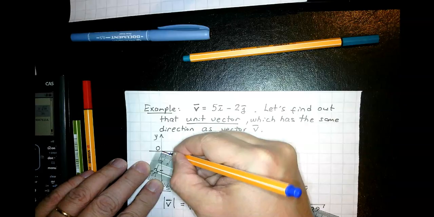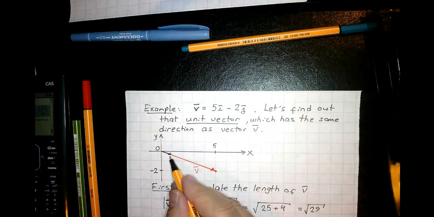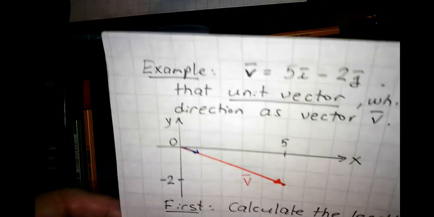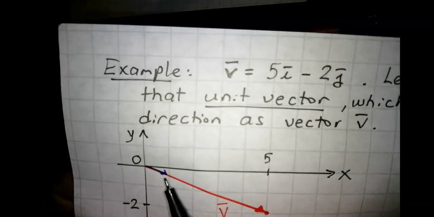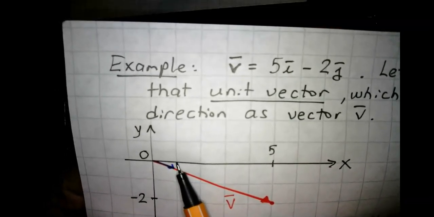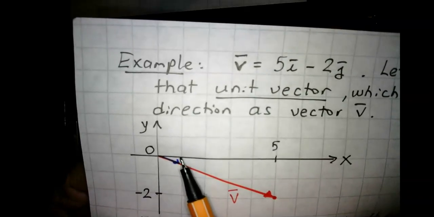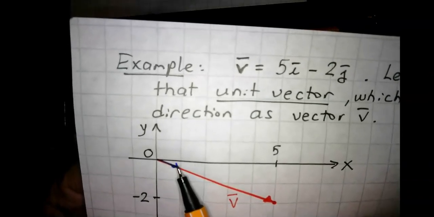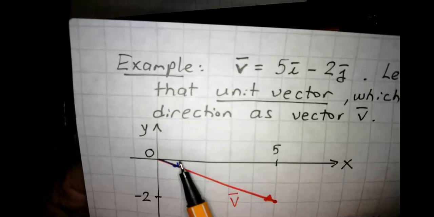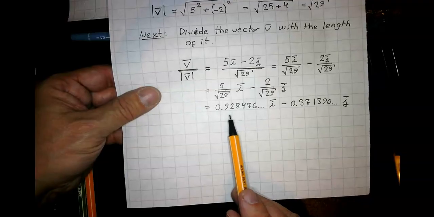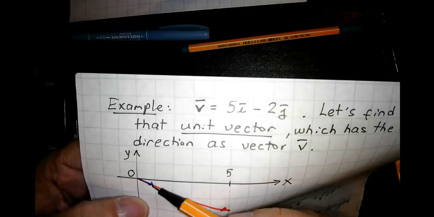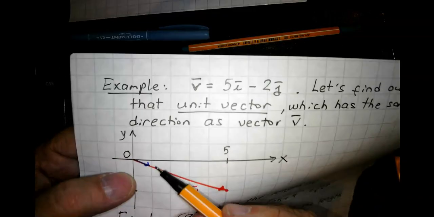I will draw this unit vector here. If you watch carefully, you may see that it is not 1 unit to the right. It is a little bit smaller. From this picture, I would guess it would be 0.9, as we see from this answer. And how much do we go downwards from the x-axis?